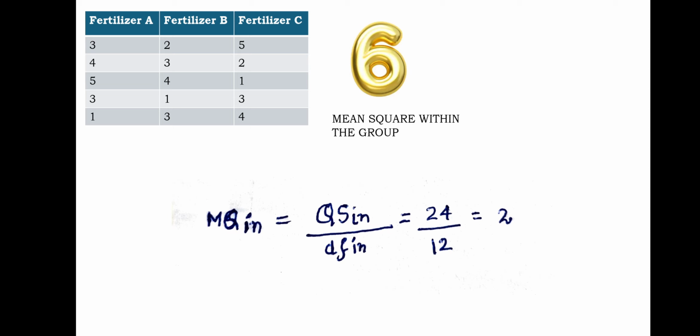But in order to find its mean, we have to divide it by the degree of freedom within the group. As we know, we have 15 samples of plants, and we have a total of three categories. So 15 minus 3 is 12. So our degree of freedom within the group will be 12. So the mean of the square within the group will be 2.